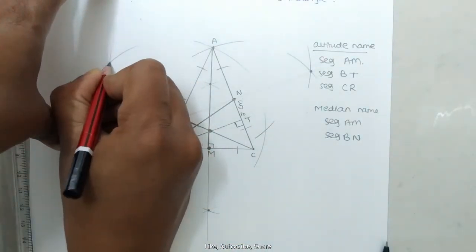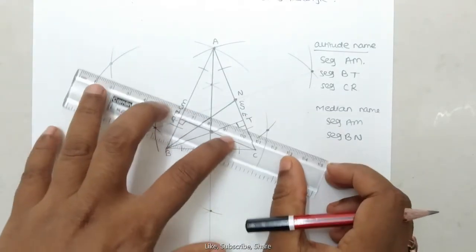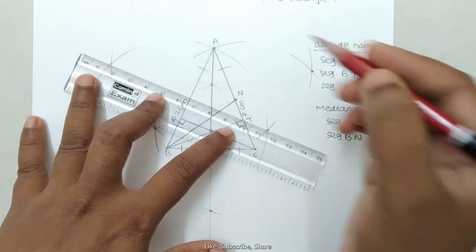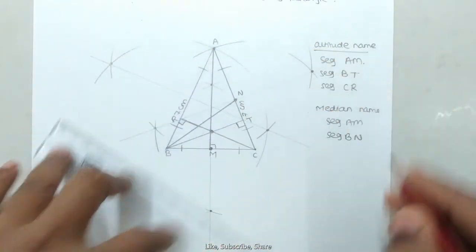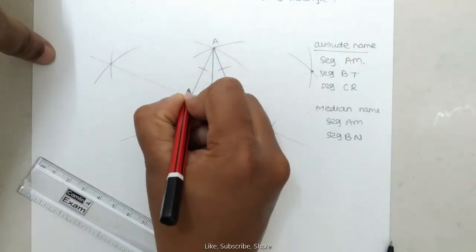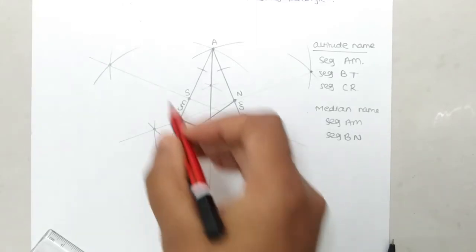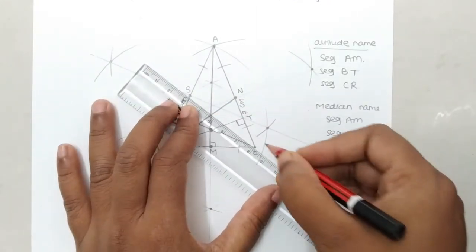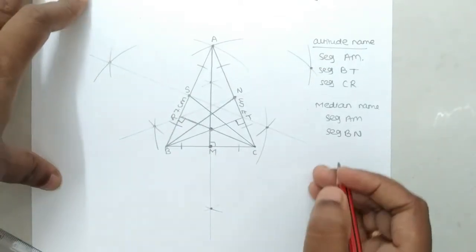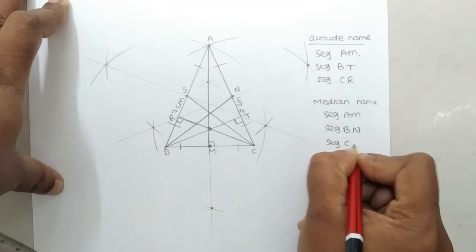Now join these two. Then join SC. So this one is also a median, that is segment CS or SC.